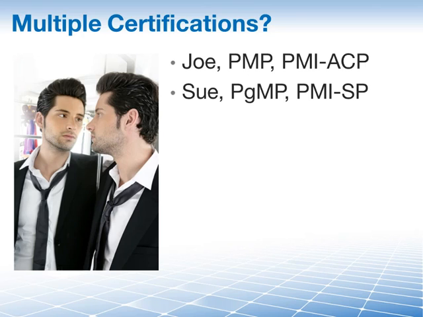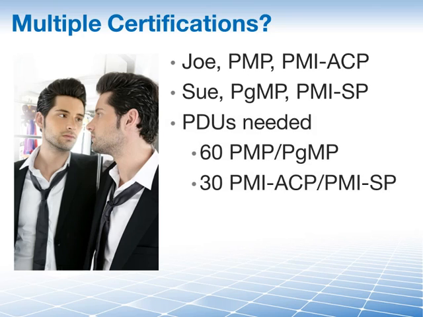So this means, purely from a numerical perspective, well, Joe and Sue both need to earn 60 PDUs for their PMP and also 30 PDUs for the PMI ACP and the PMI Scheduling Professional.